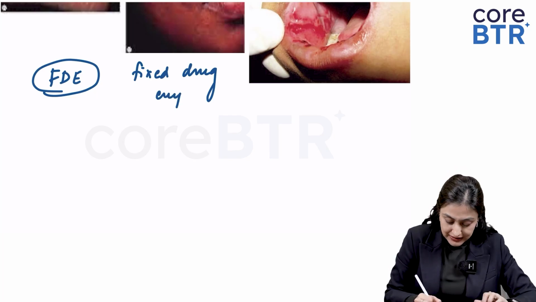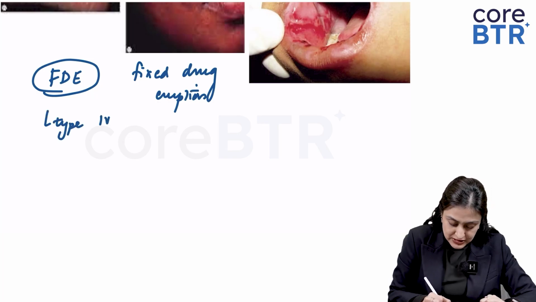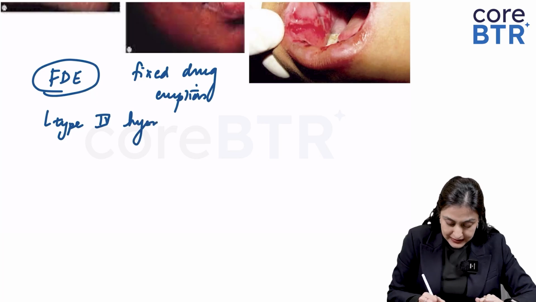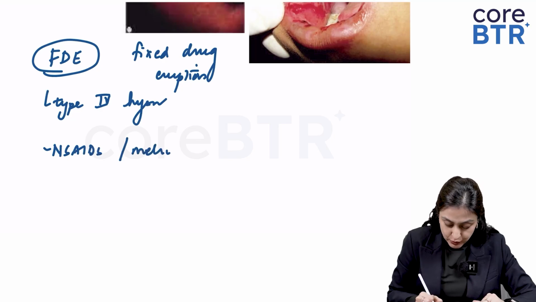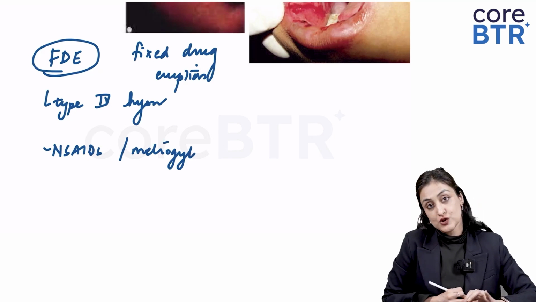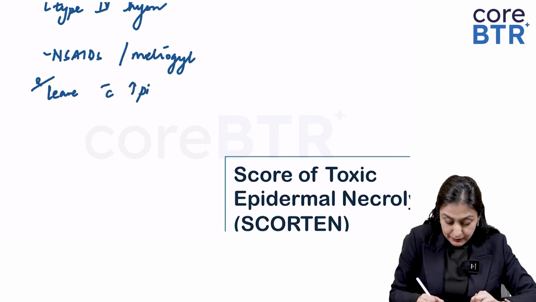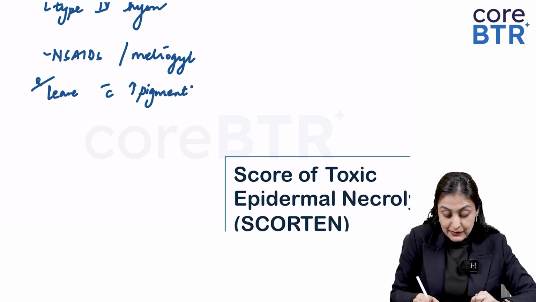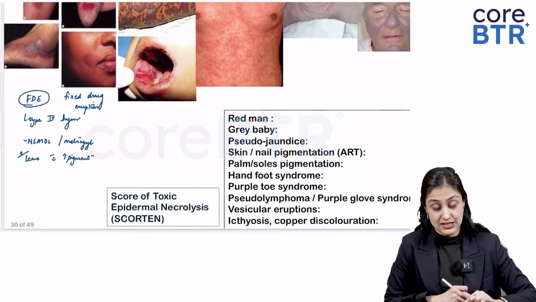Fixed drug eruption. This is a type 4 hypersensitivity, right? And this is happening mainly because of use of NSAIDs most commonly, can also be reported with metronidazole. So this is fixed drug eruption, and the repeat question here is it leaves behind hyperpigmentation. So there can be residual hyperpigmentation, just the image based question gets asked here.